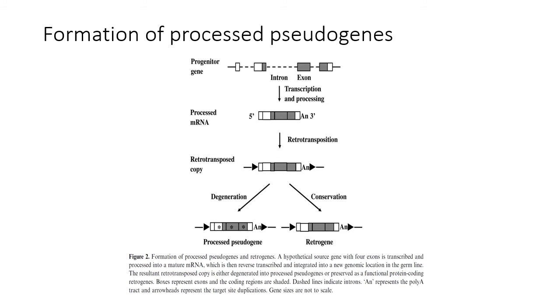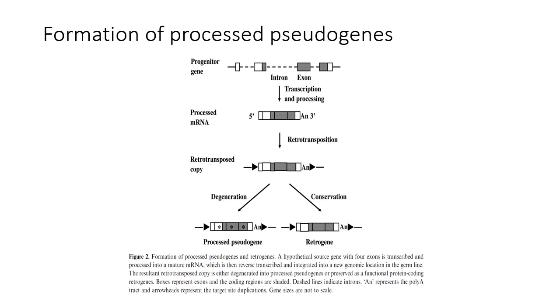They're related by sequence to their progenitor gene, the gene from which the RNA was made, in the sense that they've got recognizably similar sequence, but they are lacking introns, lacking promoters, and will contain poly A tails. There's also target site duplication that occurs at the location of the processed pseudogene.